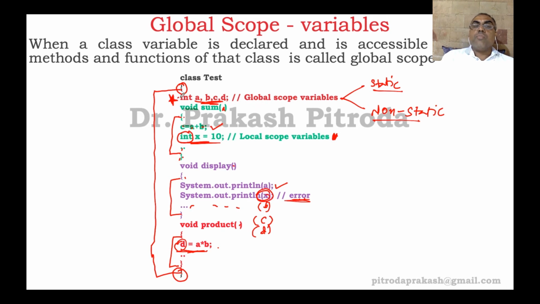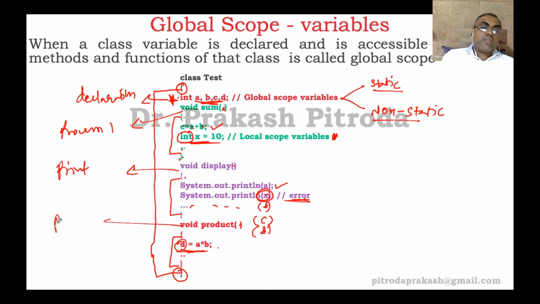Now you will see your program is further divided: you can say here declaration, you can call here process 1, you can say here print or display, I can have here process 2, and I can also have somewhere in between an input function as well. So the program is further divided.